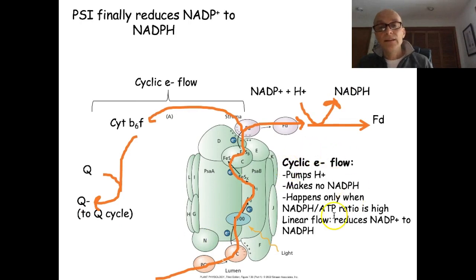So in the cyclic electron flow, there's more hydrogen pumping that occurs over here, really in the Q cycle, but it allows that extra pumping by flowing these electrons back into the cytochrome B6F. If you have the cyclic electron flow, then that electron doesn't help you produce any NADPH, right? So there's no NADPH if you go into the cyclic electron flow. So when does that happen? Why would the plant do that?